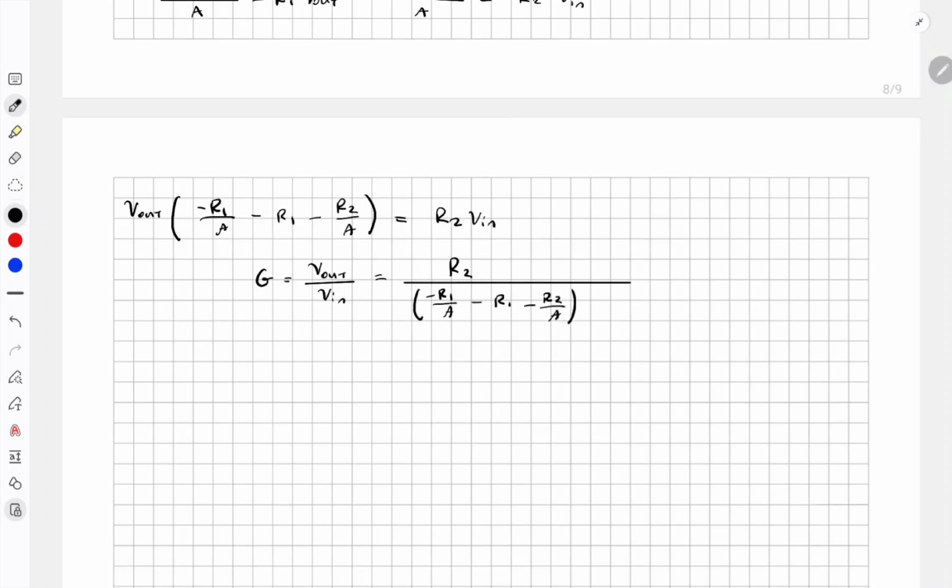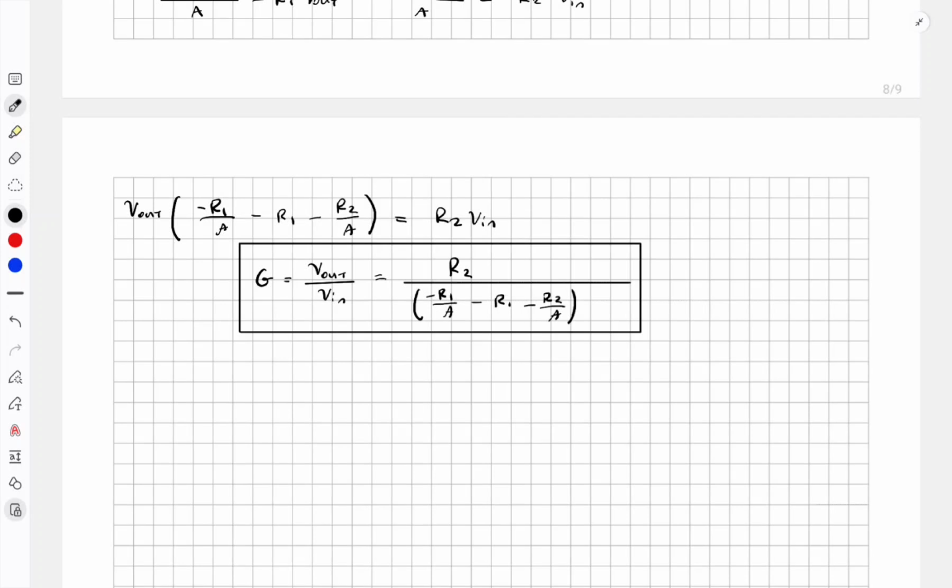So now this is the answer. We have now figured out the gain of the op-amp when the open loop gain A is no longer infinity, because it becomes a finite number, since we're dealing with a non-ideal op-amp.